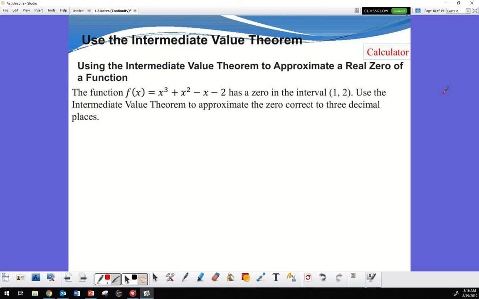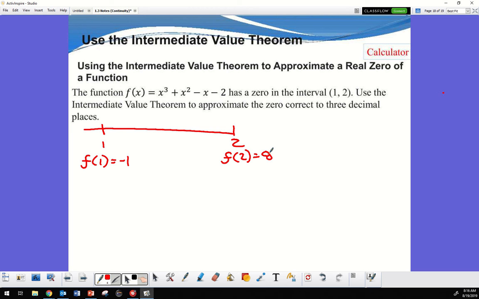So we know that there is a 0 between 1 and 2, right? So I'm going to put 1 on my number line and 2 on my number line. I know that f of 1 was negative 1, and f of 2 equals 8.